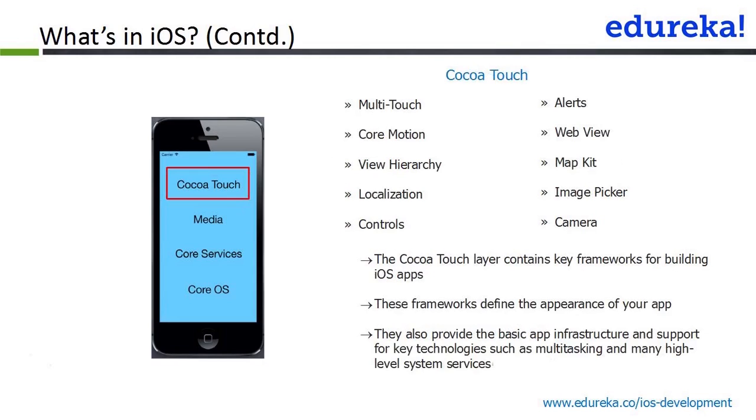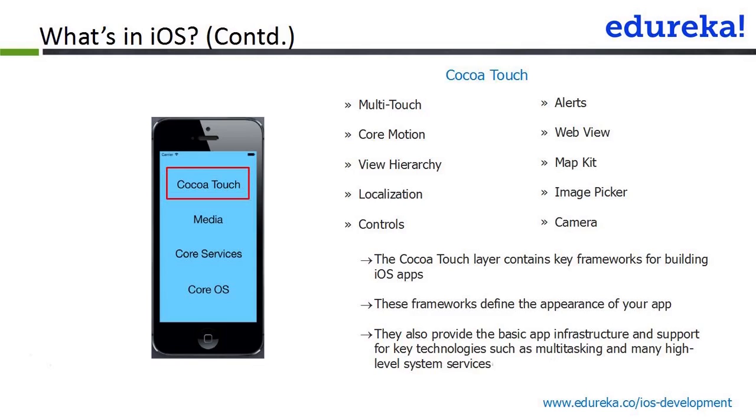And then of course you have Cocoa Touch, which is the topmost layer, and this contains key frameworks for UI related features. So multi-touch, gesture recognizers, core motion recognizers, the view hierarchy. Once we start with app development, we will be showing you what is exactly the hierarchy of the view which is presented to the user.